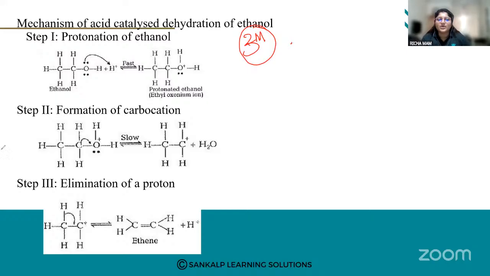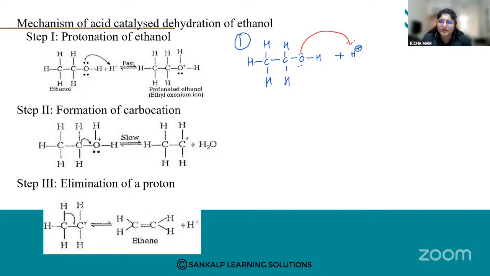First step is the protonation. Let me write the structure: CH3, CH2 and OH. I'm going to protonate it. The lone pair of electrons on the oxygen will attack this H plus ion.